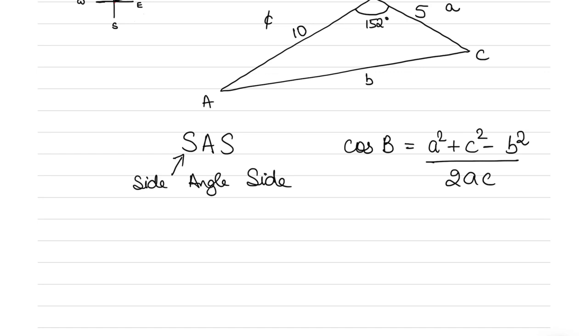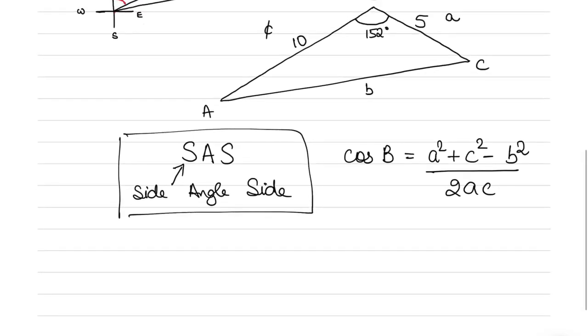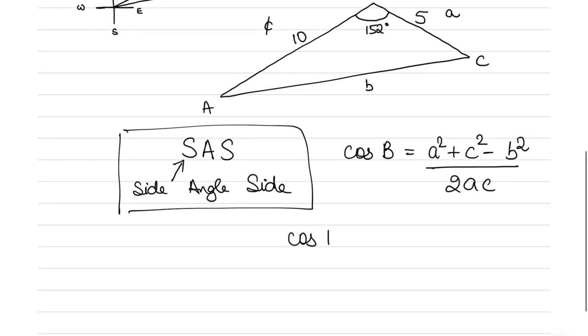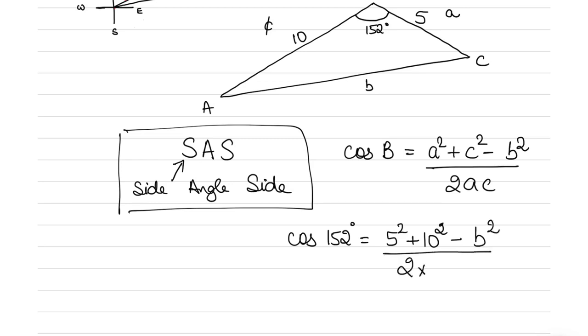That's the formula we will be using as per the side angle side principle. So in this case, you know cos B. Cos B is cos of 152 degrees. You know A square is 5 square, plus C square is 10 square. You don't know B square, so I have to find out B square. That's the unknown. And then you have 2 times 5 times 10.